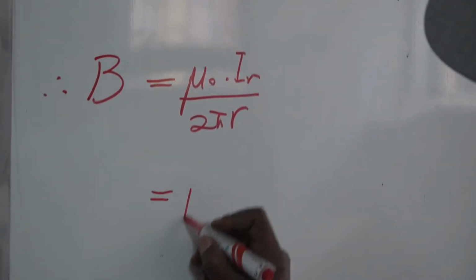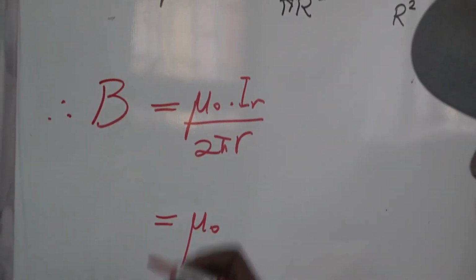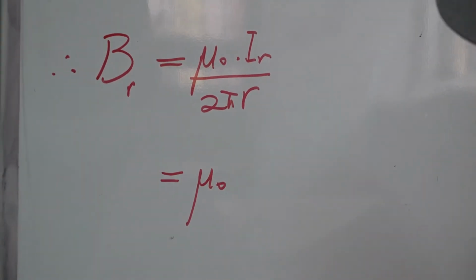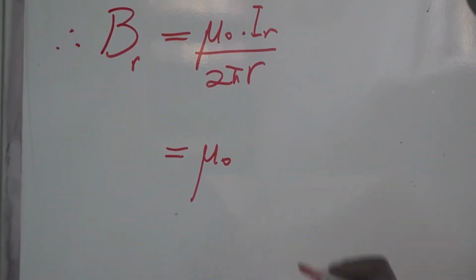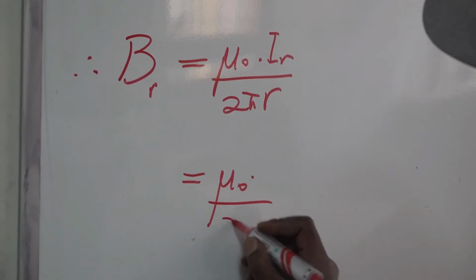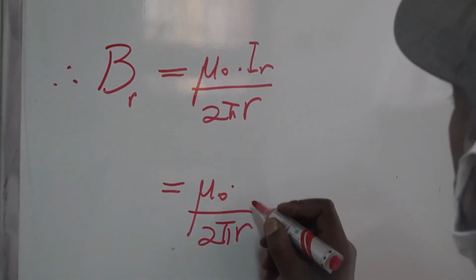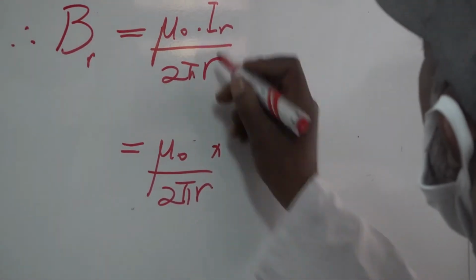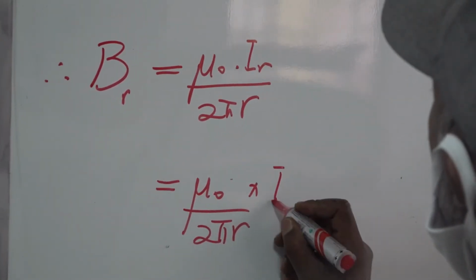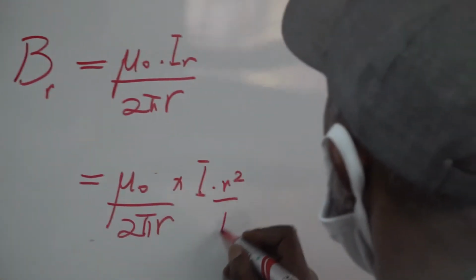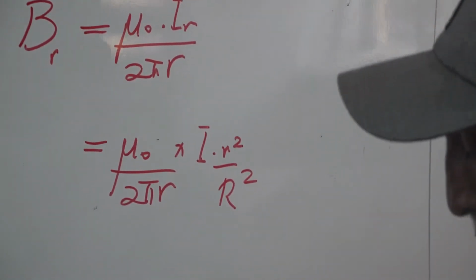So I get B, the magnetic field strength at any given distance inside the wire, equals mu 0 over 2 pi r times IR. And IR is I times small r squared over capital R squared.